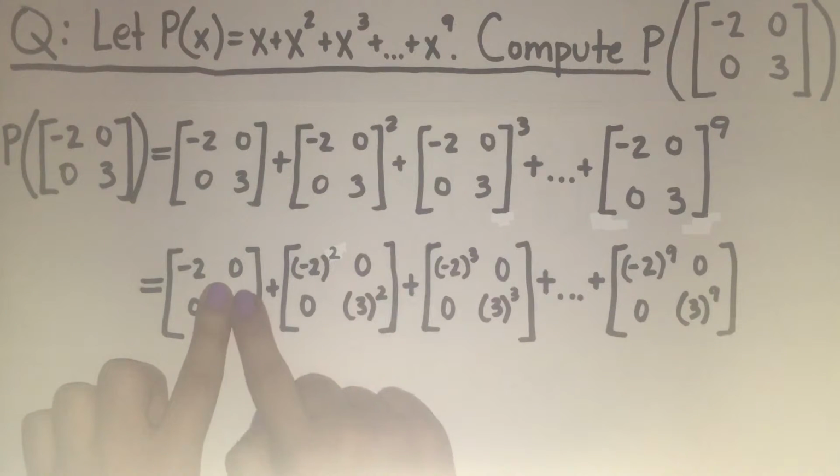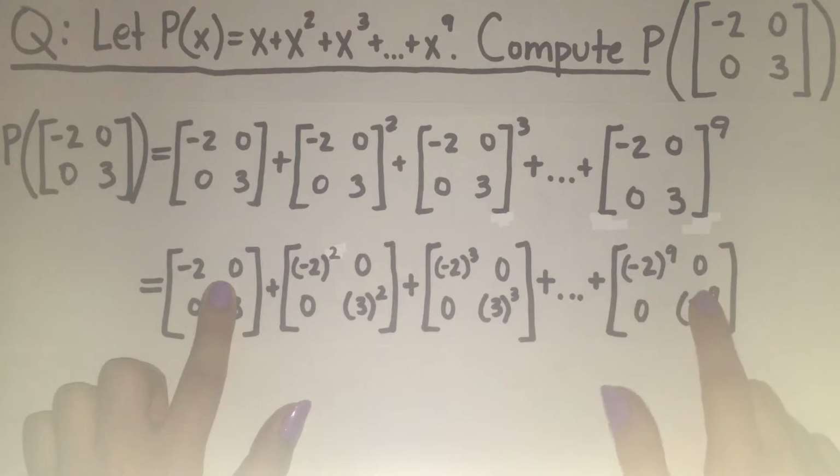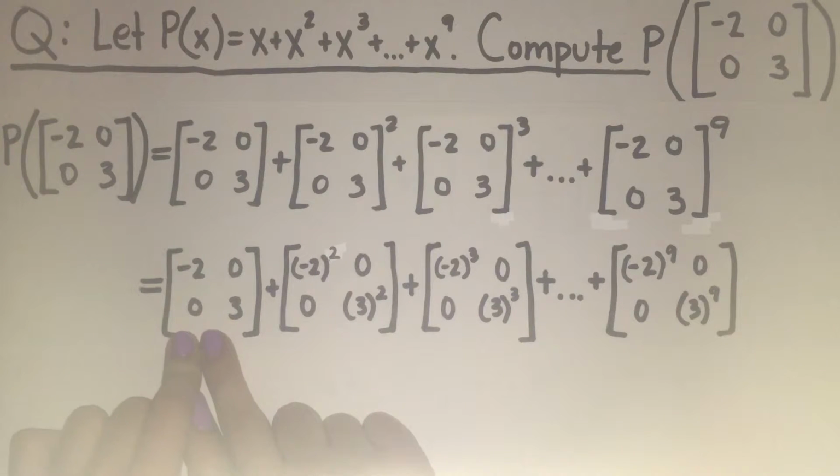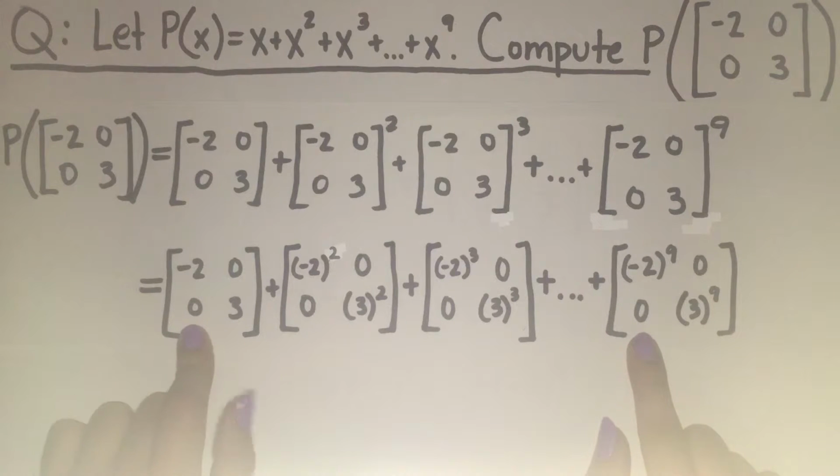The second entry in the first row of the new matrix will contain 0 plus 0 plus 0 plus ... all the way to plus 0, which equals 0. The first entry in the second row of the new matrix will be 0 plus 0 plus 0 plus ... plus all the way to 0, which equals 0.